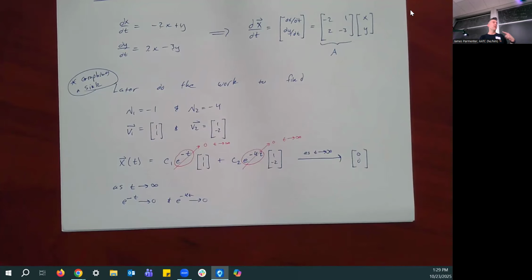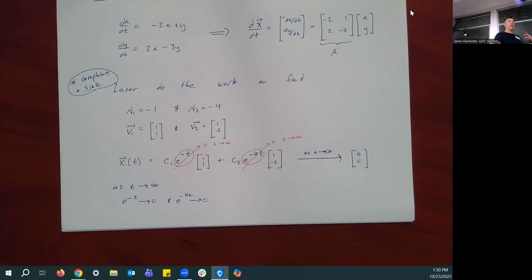In this case, 0, 0 is always the equilibrium. It's just that in this case, it's the stable equilibrium that we're moving towards instead of the unstable equilibrium that we're moving away from.